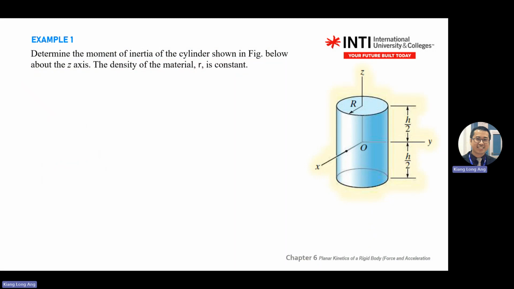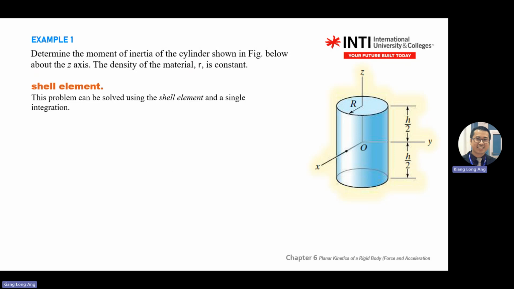All right, now that's a very simple exercise. Example 1 asks you to find the moment of inertia of the cylinder below about the z-axis. The density of the material, sorry, this one should be rho and not r. Rho is constant. So there are two methods.